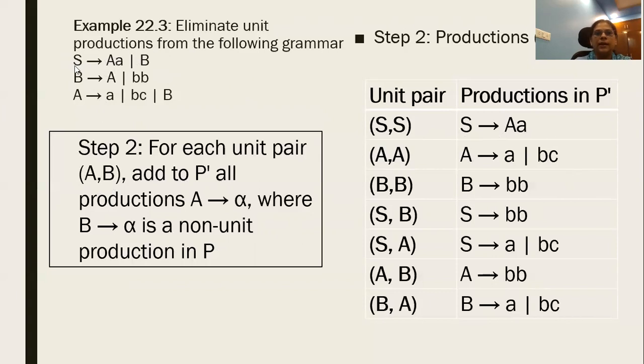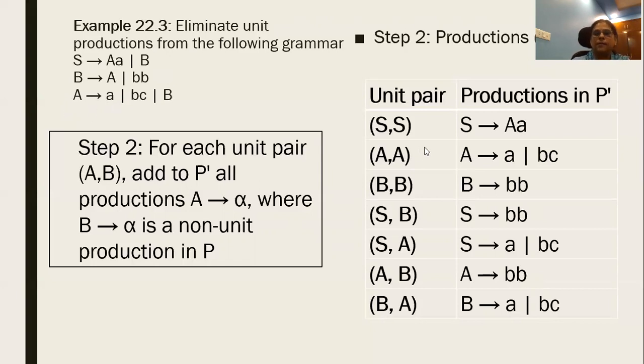You don't add S derives B. Then for (A, A), you add the non-unit productions. A derives small a, and A derives BC. By the way, A derives small a is not a unit production. A unit production is one which contains a single variable on both the left as well as the right hand side. Here the right hand side contains a terminal symbol.